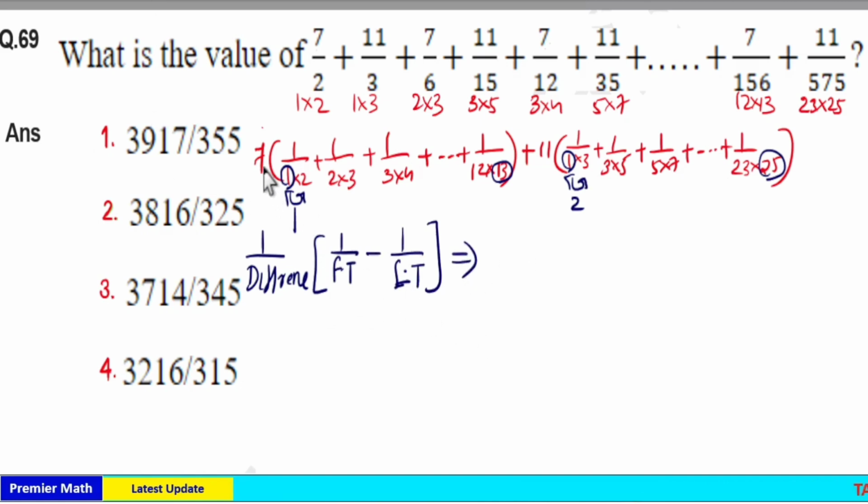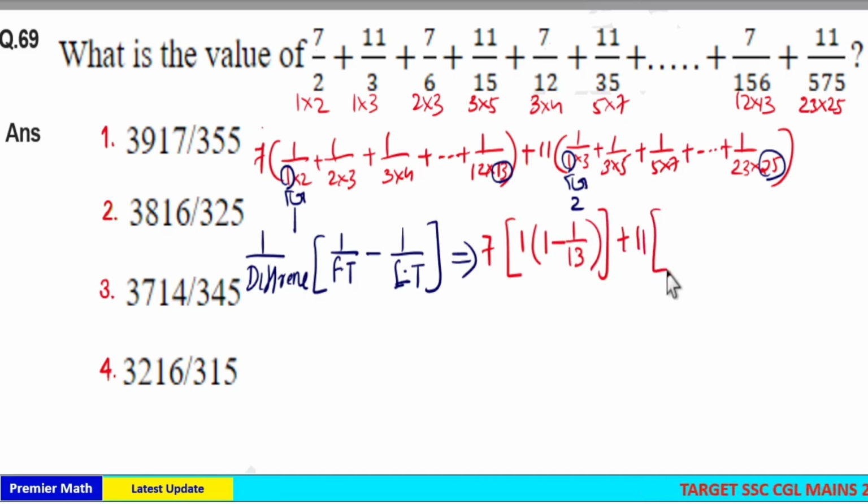That is, here 7 is common. 7 into sum of first series is equal to, here difference is equal to 1. So 1 by 1 is 1 into 1 by first term is 1. So 1 by 1 is 1 minus 1 by last term is 13. So 1 by 13. Plus here 11 is common and sum of second series is, difference is equal to 2.